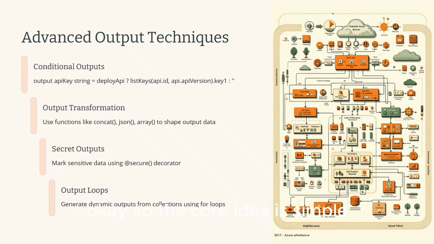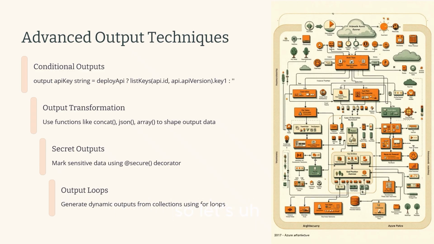The core idea is simple. It uses the ternary operator. You define a condition, and if that condition is true, you output one value. If false, you output another, often an empty array or a null value.